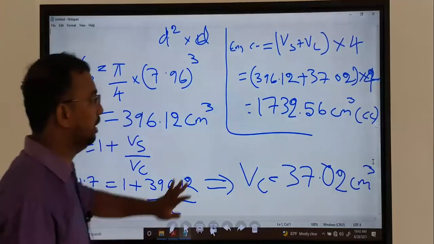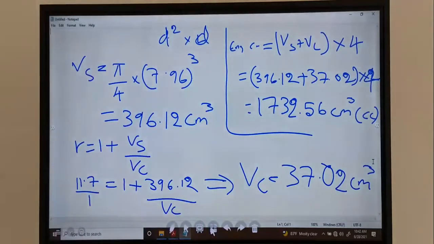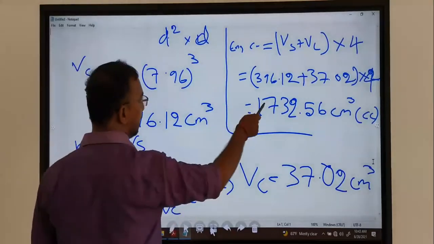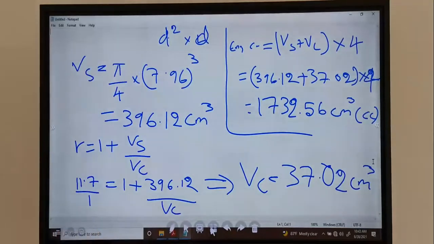The actual value is this, but commonly we can call it a 1700 cc engine. So now the clearance volume and engine capacity we found.